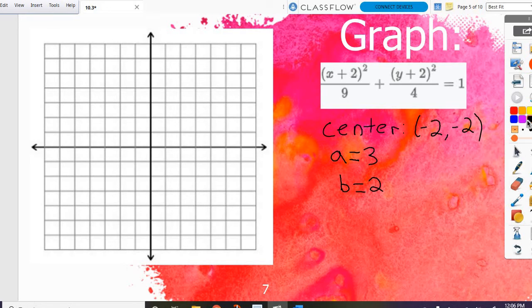So our center is at -2, -2. The major axis is going to be 3 in both directions. And we know it's horizontal because it's below our x. Then our minor axis is going to be 2 units in both directions.